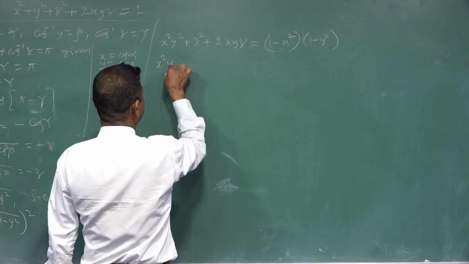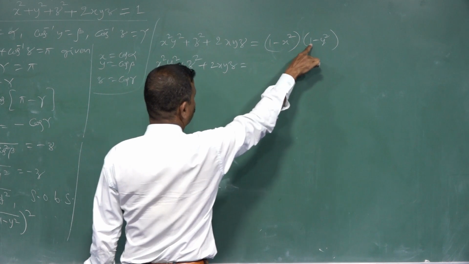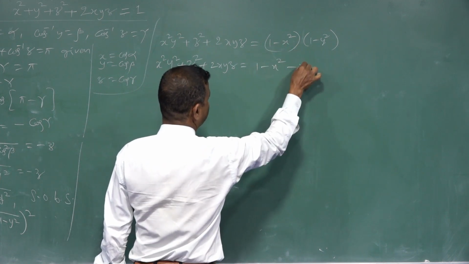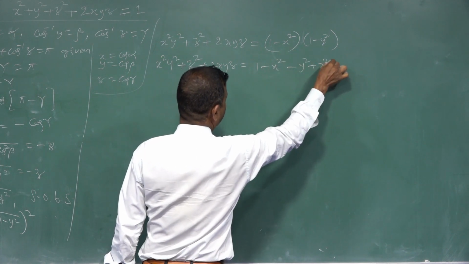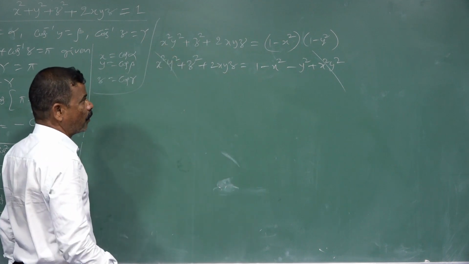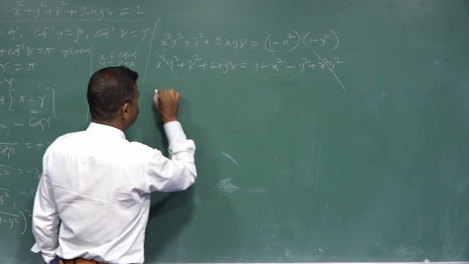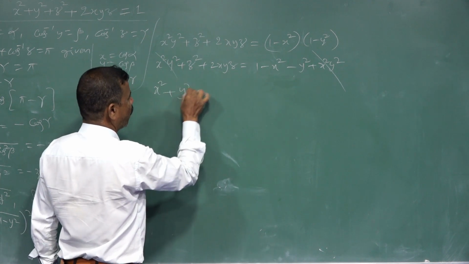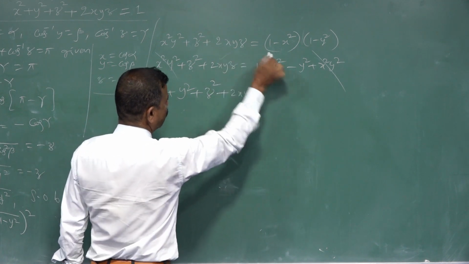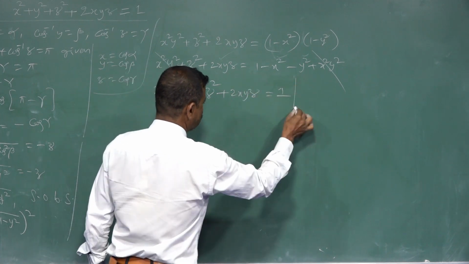Now x square y square plus z square plus 2xyz is equal to 1 into (1 minus x square), minus y square into (1 minus x square), that is 1 minus x square minus y square plus x square y square. So on the right side x square y square, here also x square y square, they cancel. Remaining terms, taking to the left side: x square, y square, z square plus 2xyz. This term finished, only 1 remaining on the right. This is the proof.